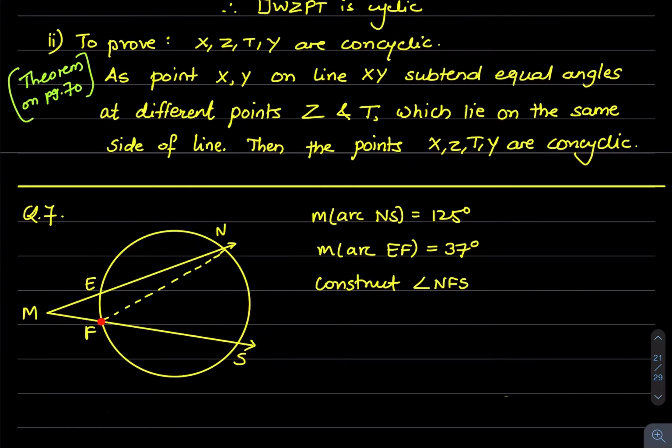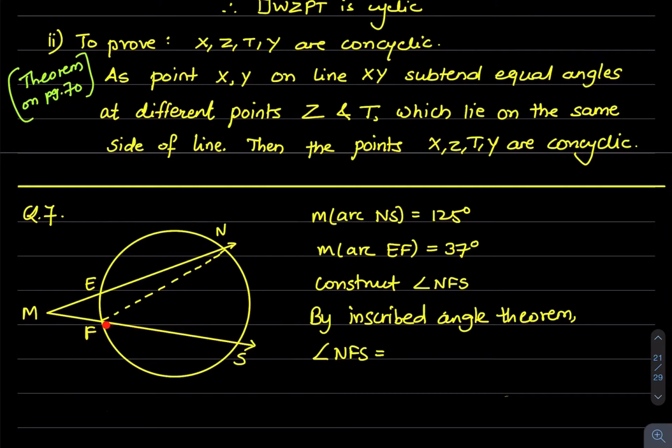Draw this line NF so that we will get angle NFS. F is the point which is on this line as well as on this circle, so at the intersection point F. By the inscribed angle theorem, first see this angle NFS.